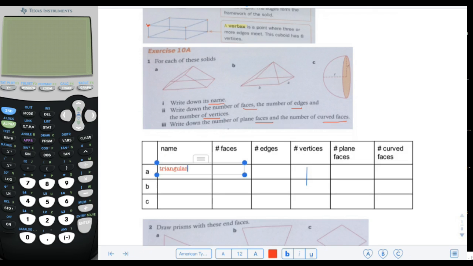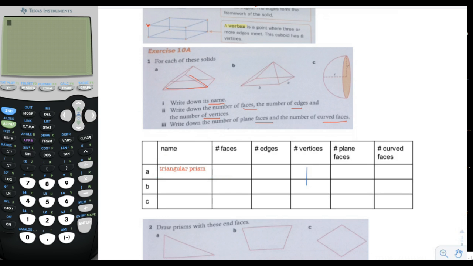It is a three-dimensional pop out of a triangle object. You make a triangle, and then you pop it out, and it becomes a triangular prism. Now the next one here, B, is a pyramid.